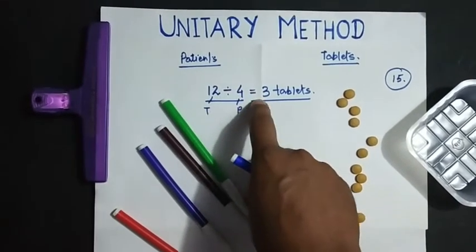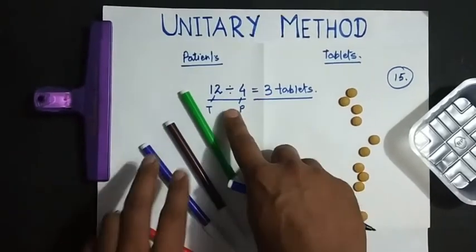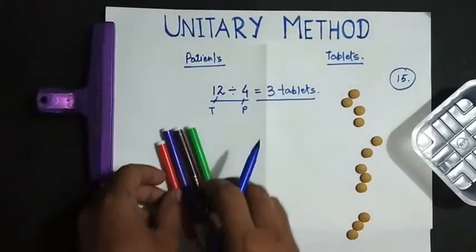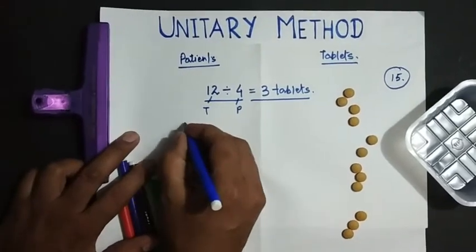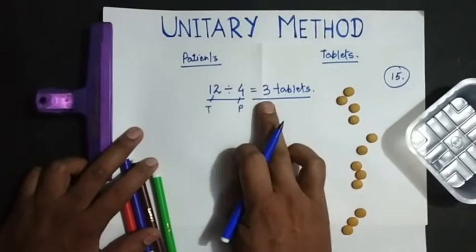It is a very simple division. I am not showing it here, but you can easily calculate: 12 divided by 4 is equal to 3 tablets. So the number of tablets required by one patient is 3.